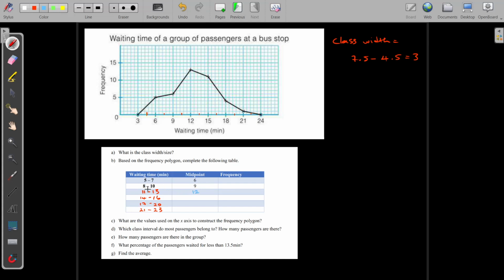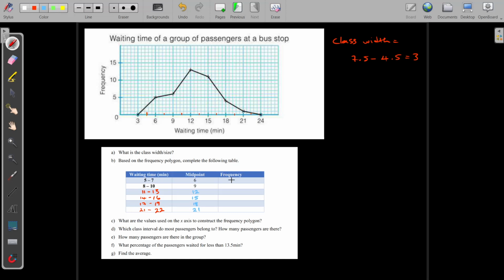We know the class width, so we're just adding 3 going down, 3 going down. Wait, this is 19. What am I doing here? All right, so we have our midpoint.